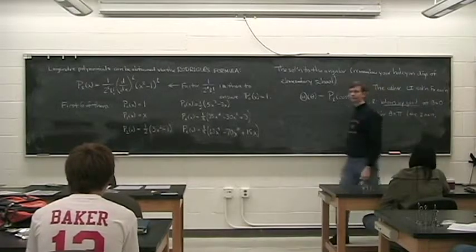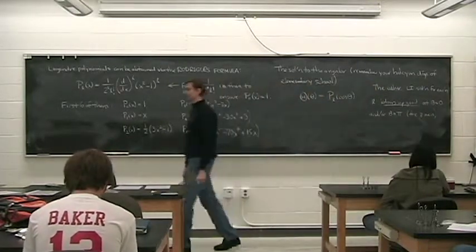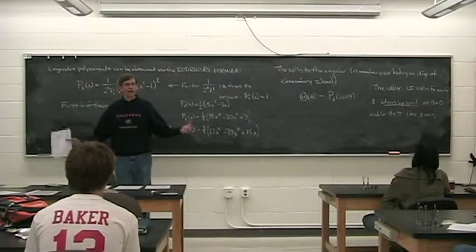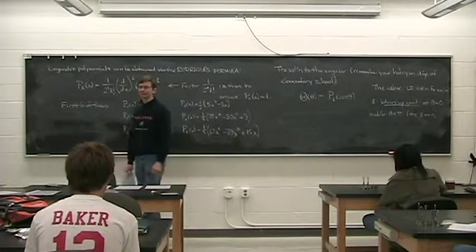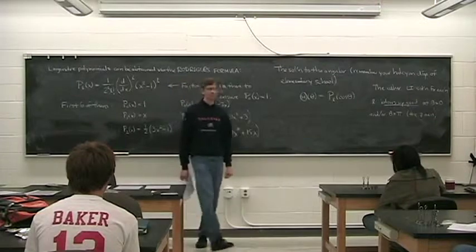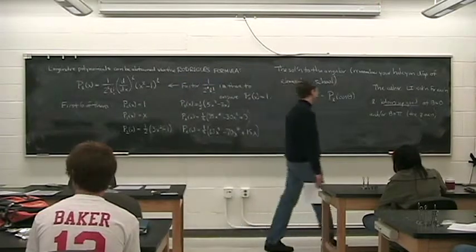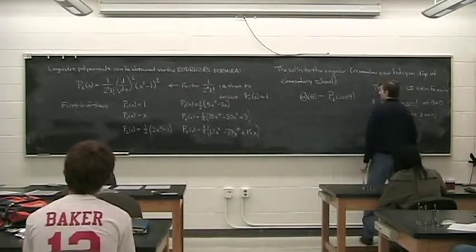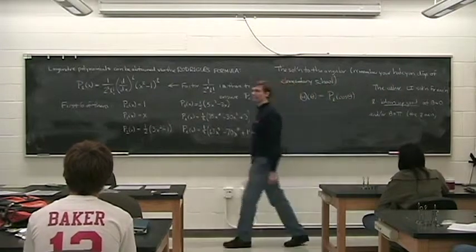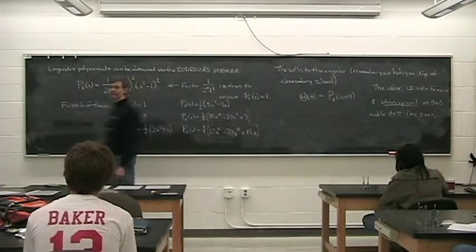They blow up on the z-axis. So typically, we throw them out because we're not going to be able to satisfy boundary conditions with potentials that blow up on the z-axis. If you had some situation where you had a problem that excluded the z-axis, you might have to include them.